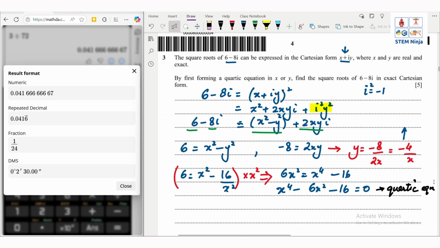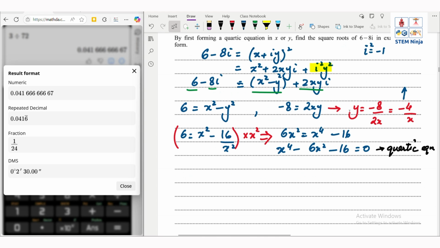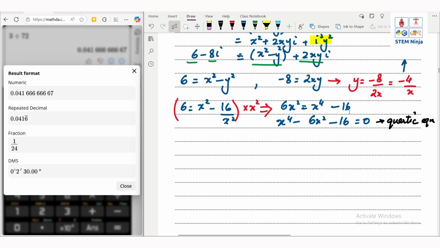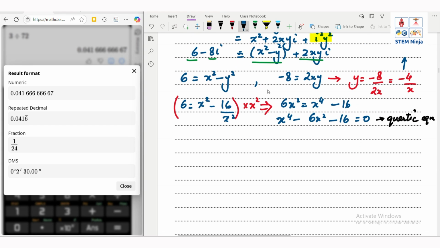Now, how do we solve this? We solve this with quadratic solution. But the coefficients are easy. You can do this with the factorization also, or the sum and product rule.